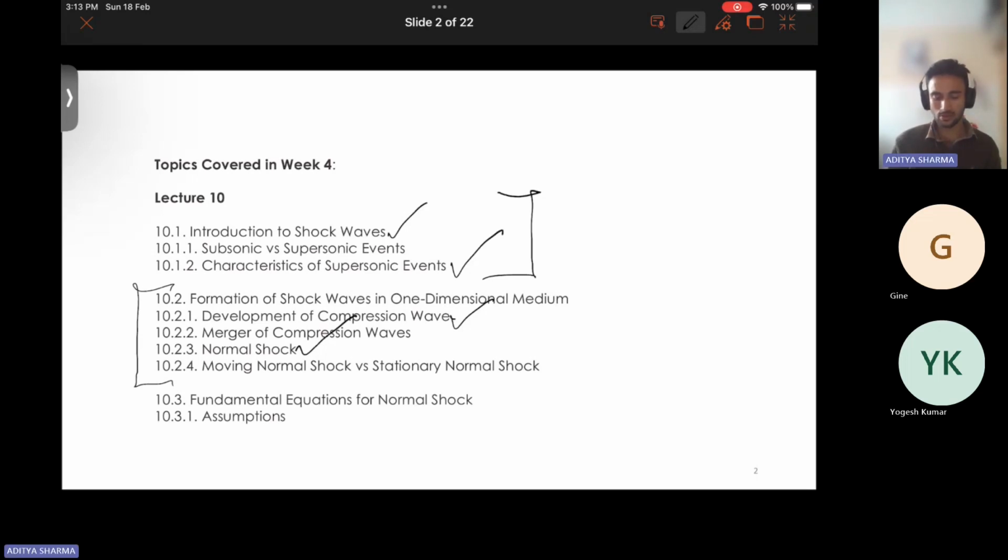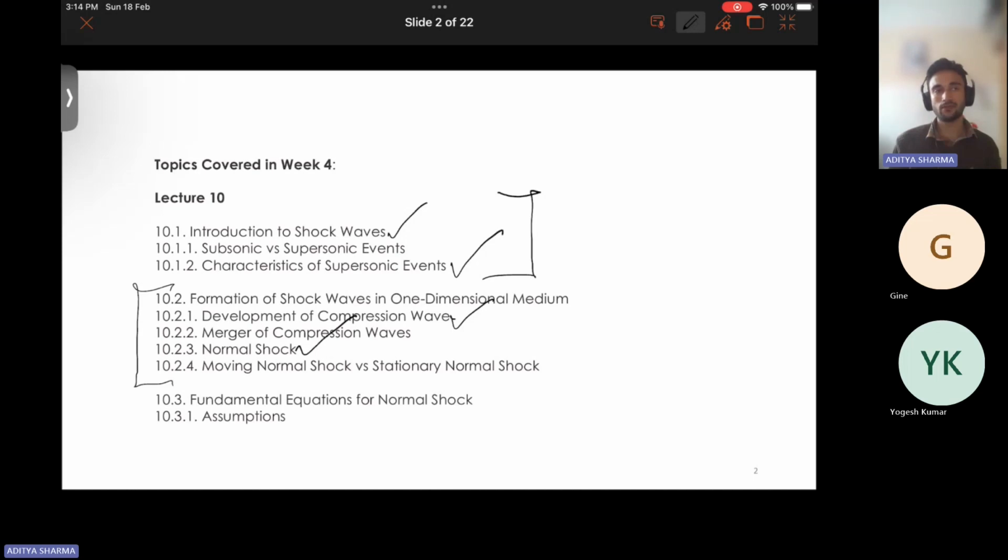Then we came across moving normal shock and stationary normal shock. Like in wind tunnels, I have already mentioned in one of the previous sessions, I have briefly discussed it, shock waves can be stationary and shock waves can be moving.